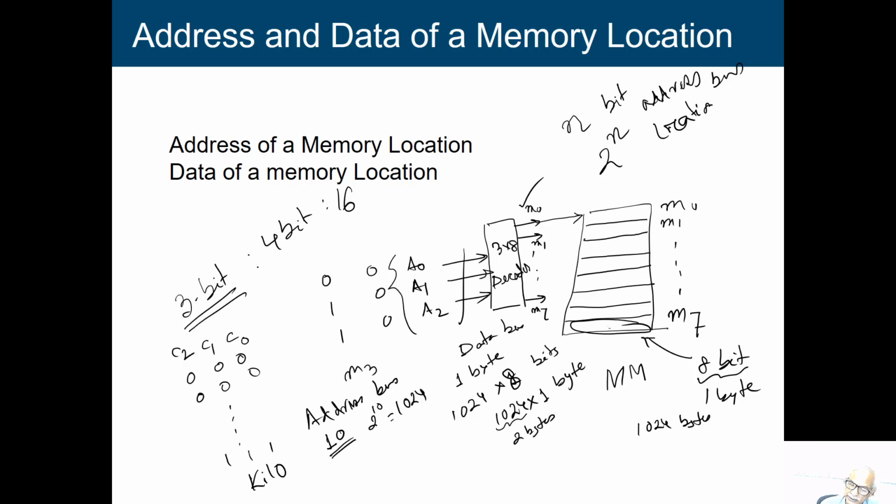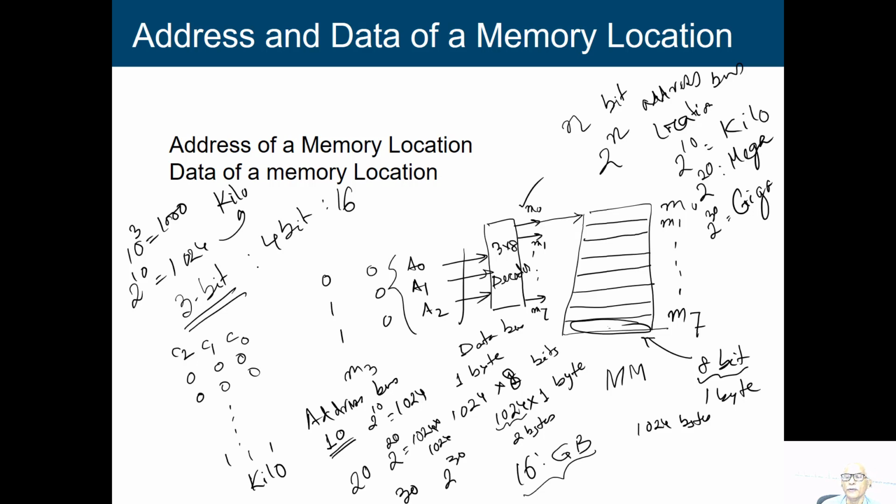Now, if I need 30 bits of information to uniquely address a particular memory location in a 1 GB memory space, then for 16 GB memory how many address lines will be required?